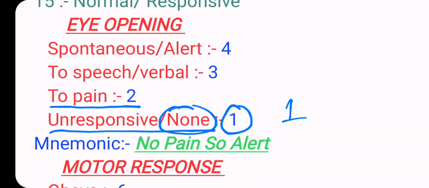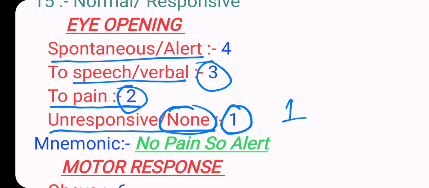Next, to pain has a score of 2, to speech or verbal is 3, and spontaneous or alert has a score of 4. So you have to remember unresponsive, pain, speech, alert; these words are given in the question, so remember words like speech or verbal, pain, and unresponsive or none.